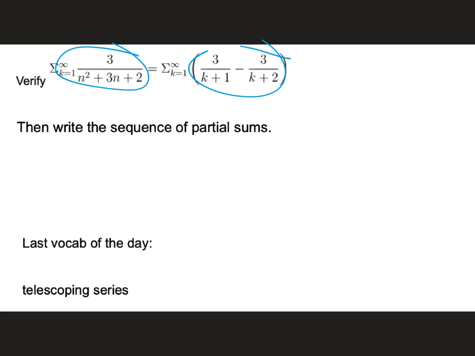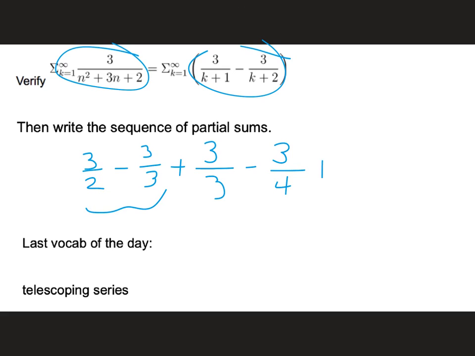So when k is 1, I'll have 3 halves minus 3 over 1 plus 2, which is 3. And then when k is 2, so that's the first term. When k is 2, it'll be 3 over 2 plus 1, which is 3, minus 3 over 2 plus 2, which is 4. When k is 3, it'll be 3 over 4, minus 3 over 5.